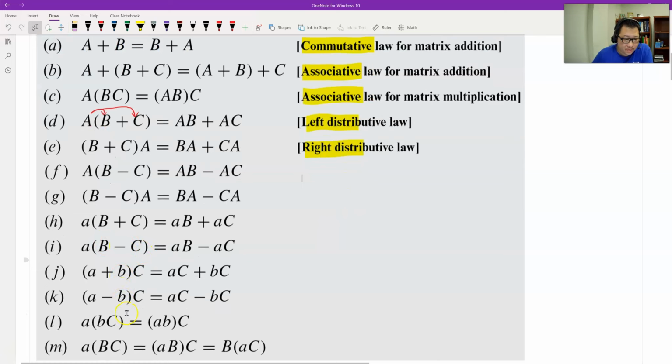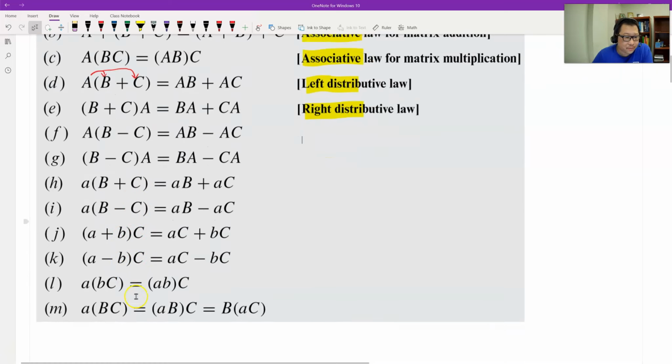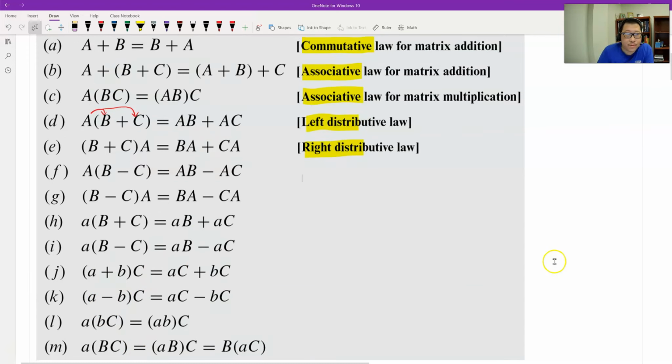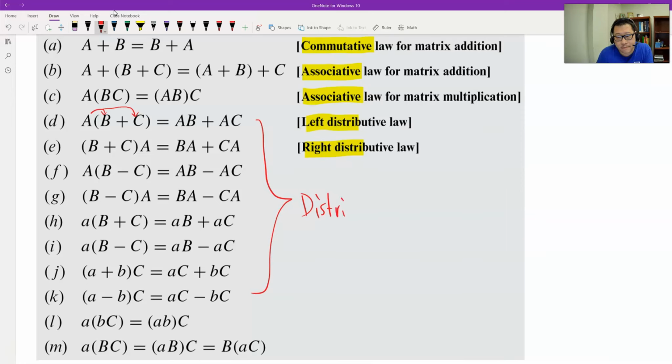Okay, all these distributions you can see, and a and b are scalar numbers. So I can put this big parenthesis to say all this is the distributive laws, which hold for all the cases.